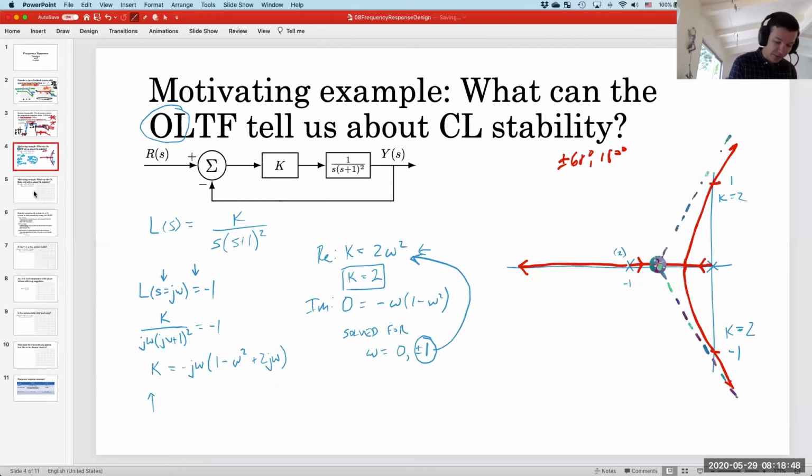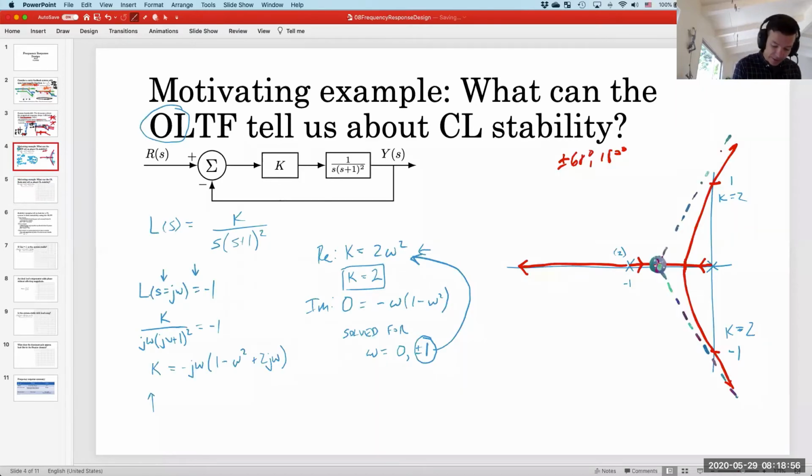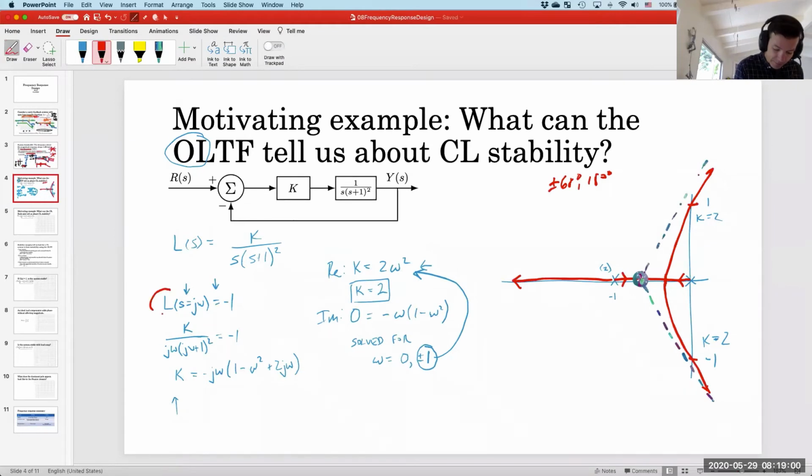Okay, so now let's take a look at that same question, but from the frequency domain perspective. The key here is this line right here. If I evaluate my Laplace open loop transfer function at j omega, this is exactly the Fourier transform, isn't it?